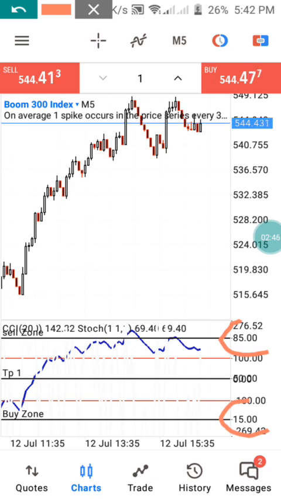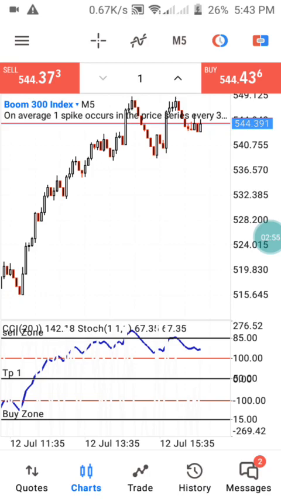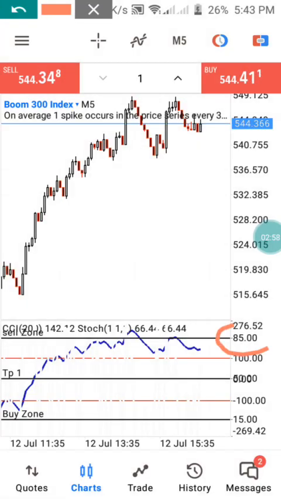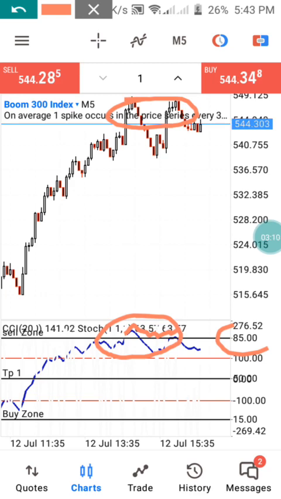Anytime our Commodity Channel Index, which is the blue moving average you are seeing here, moves above the 85 level, like what you are seeing at this level, this particular area will always be your rejection zone. At this area, you are looking for the best entry for a downtrend.